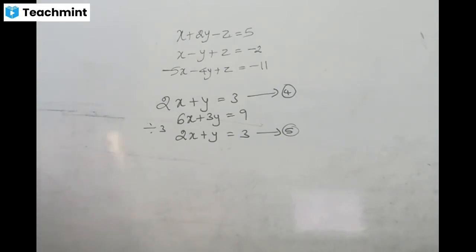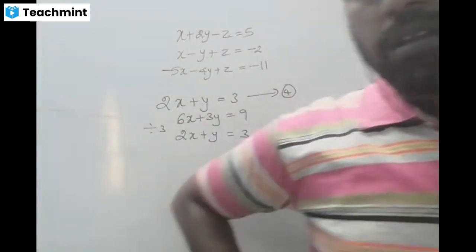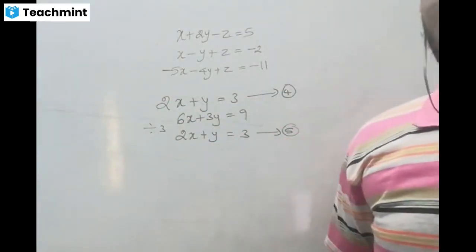Now, you should solve the equation 4 and 5 and tell me the value of x. Zero, sir. x plus y equal to 0.